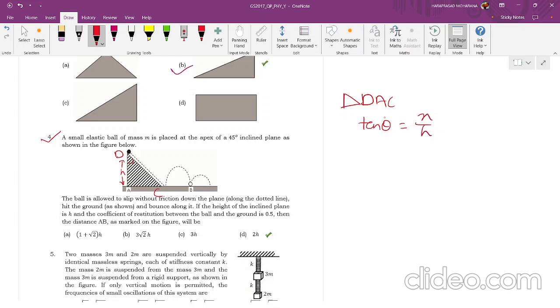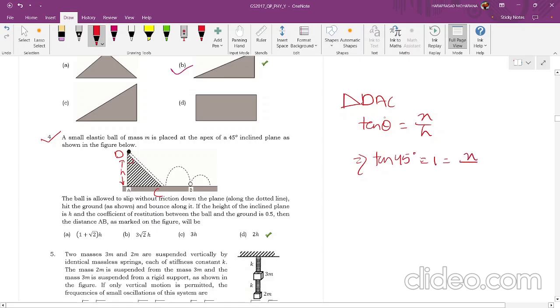This is tan 45 degrees, and tan 45 is equal to 1, so x is equal to h. That means our length AC will be how much? h. This AC will be h. I have found it as h. Make it a box.